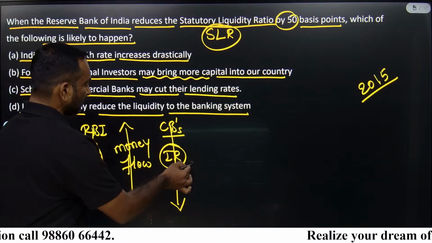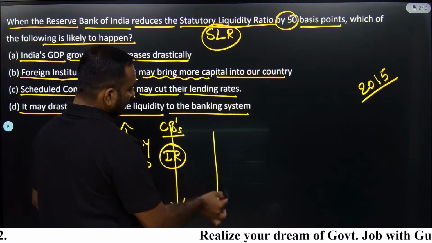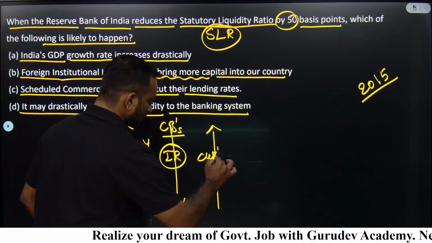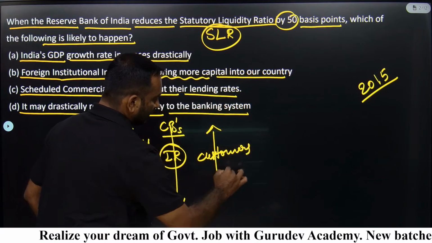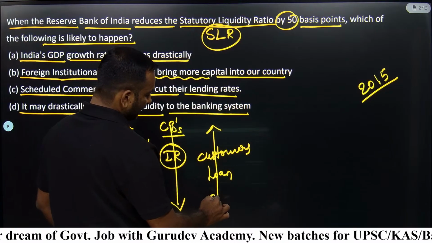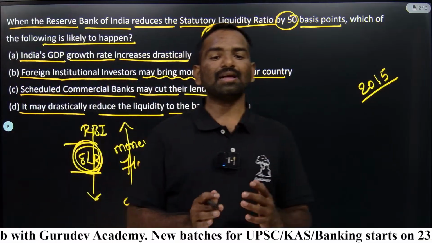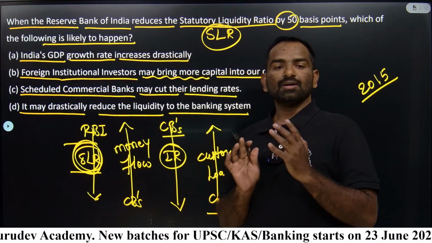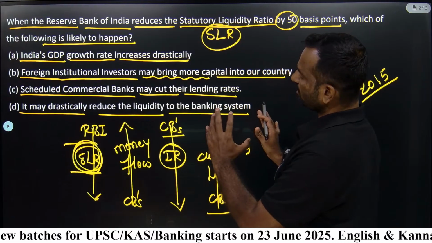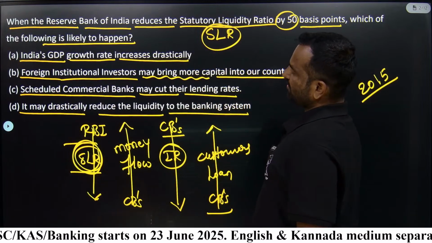So automatically, when commercial banks reduce their interest rates, eventually, customers borrow more money from the commercial banks. This is what happens in the economy when the RBI reduces the SLR. Now see the options.